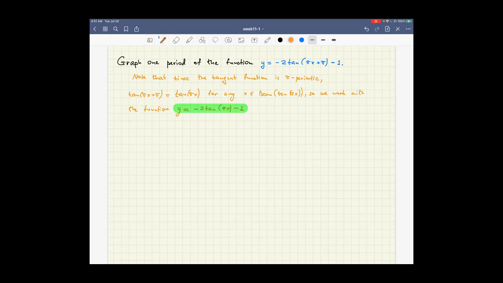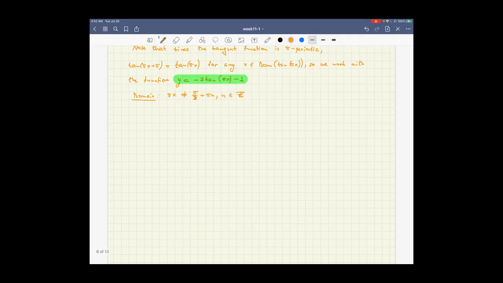Let's start with the domain. The domain is such that pi times x is different from pi over 2 plus an integer multiple of half revolution, right? Because pi over 2 plus pi n is exactly where cosine is 0, and cosine is in the denominator in the definition of tangent. So when we divide this by pi, we get that x is different from 1/2 plus n.